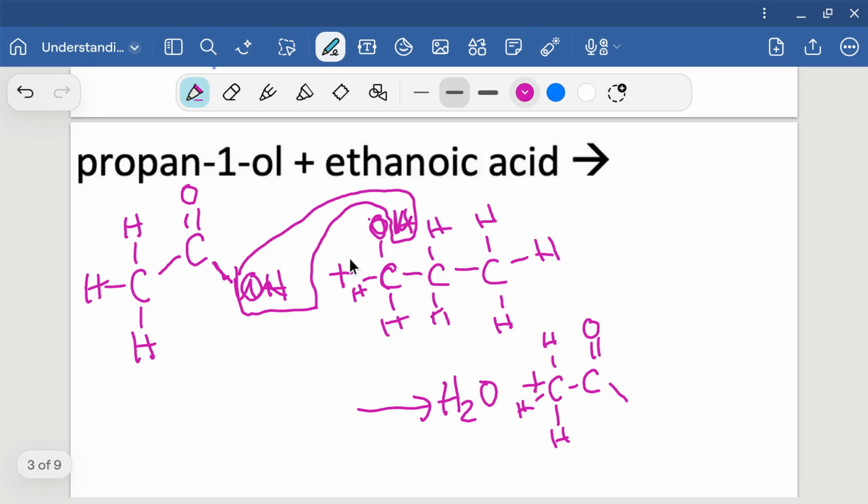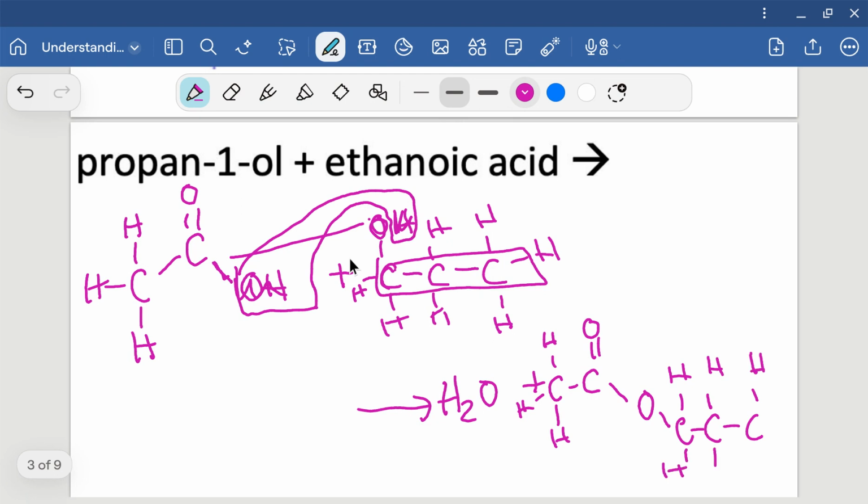So this oxygen is going to come and bond to the carbon. So we'll see that oxygen, and then we still have those 3 carbons on that oxygen as well, and we can fill in our hydrogens. So we can see that the ester was formed, we have that linkage.